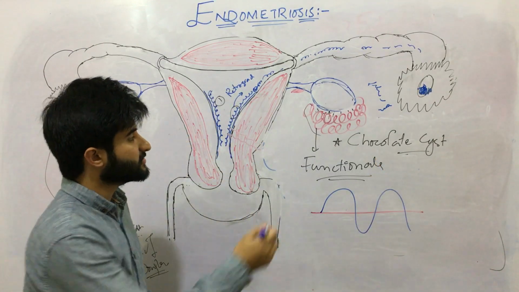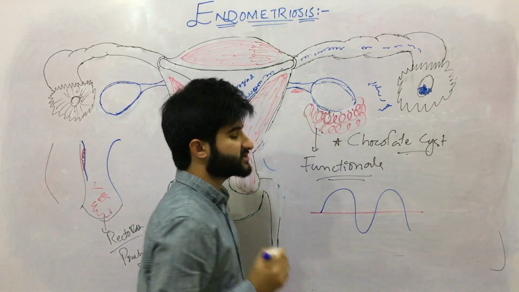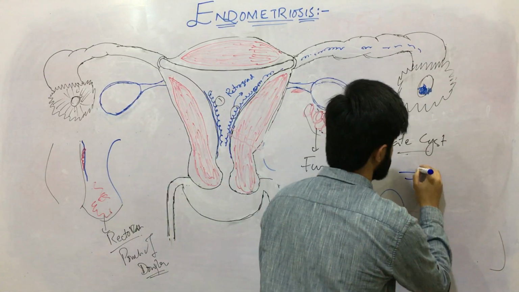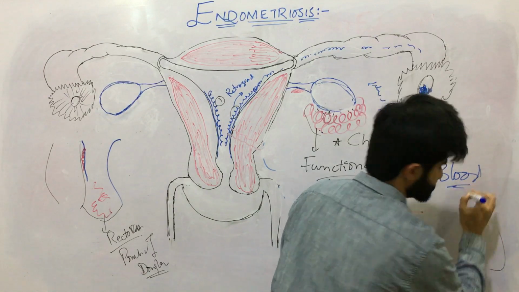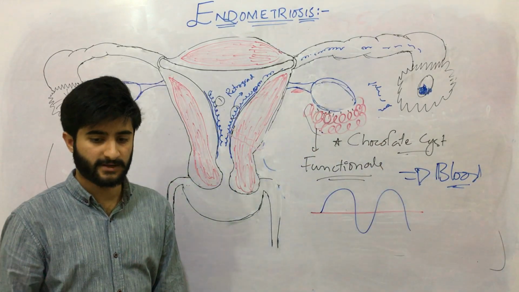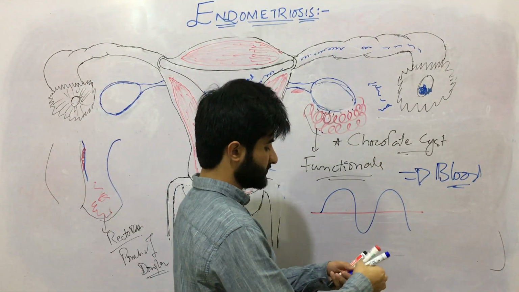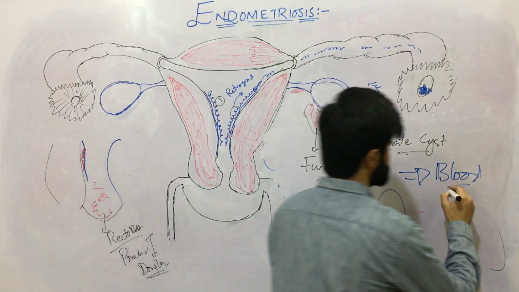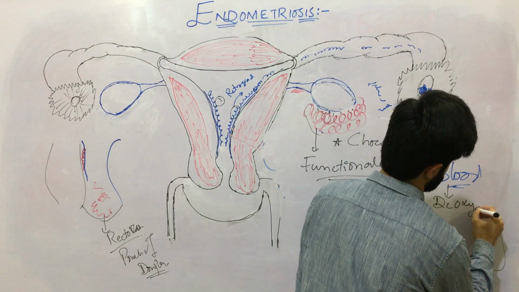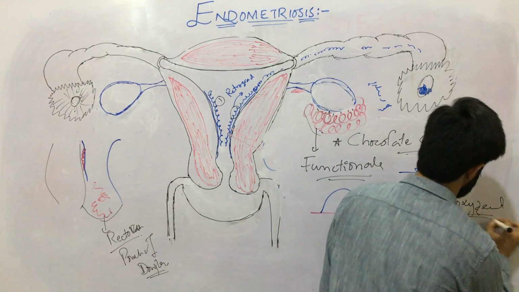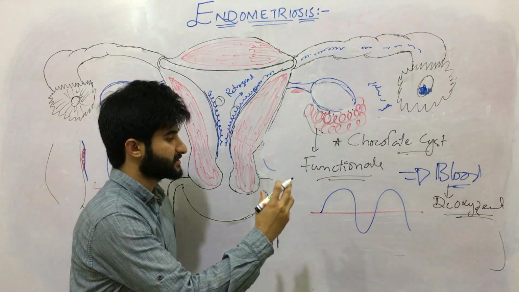And due to the shedding of this layer, there will be collection of blood. And when the blood collects here, this blood will become deoxygenated. So due to this deoxygenation, this blood becomes darker.